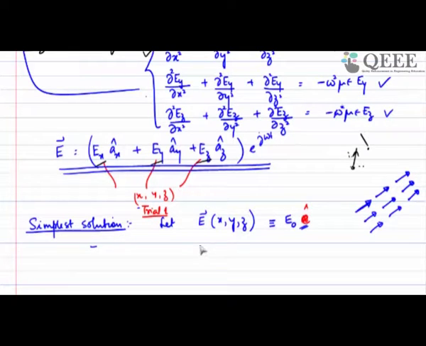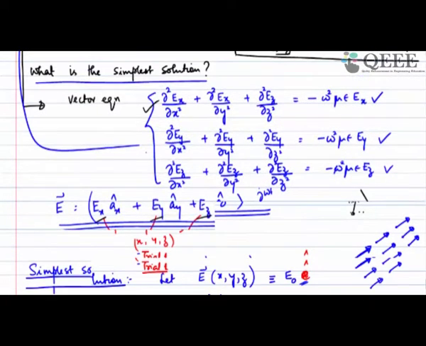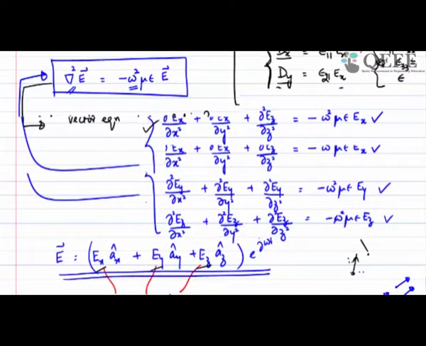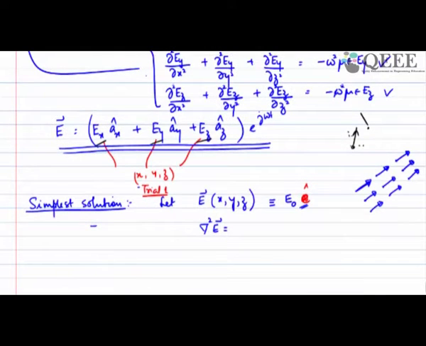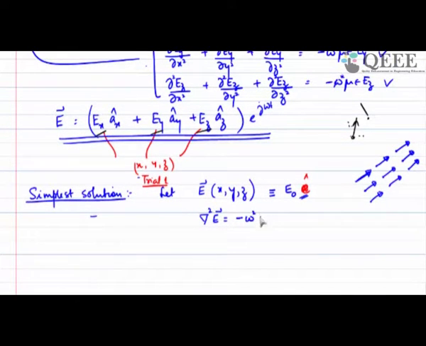It's a constant. I am going to substitute in del square E is equal to, what was my equation? I cannot keep writing all three equations, so I am going to write the short vector form: minus omega square mu epsilon E. I want to check this trial solution. It's a constant, which means it's not dependent on x, y, z. So if I substitute this solution in the wave equation, del square E is 0 because it has no variation.